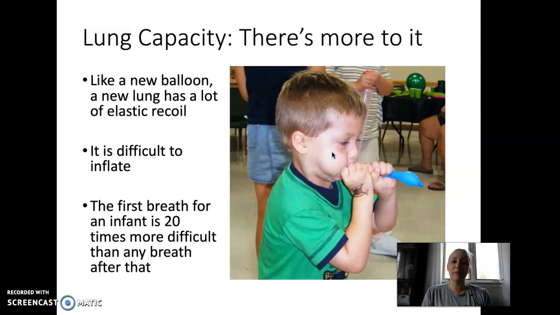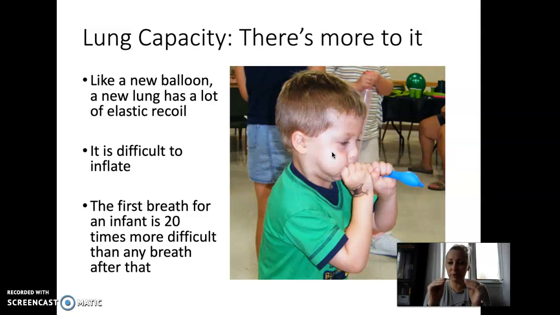With lung capacity, it's not just a matter of how much they can hold simply because they have the space for it. When you're first born, there's fluid within your lungs, right? The amniotic fluid that's been moving around. And so all those alveolar sacs are completely shut. It's kind of like with a balloon.